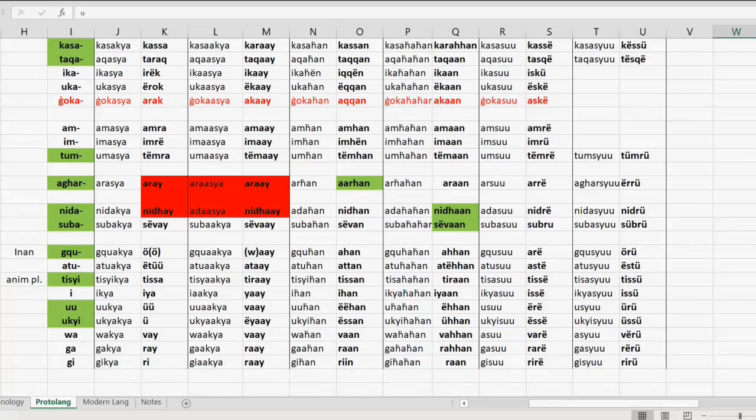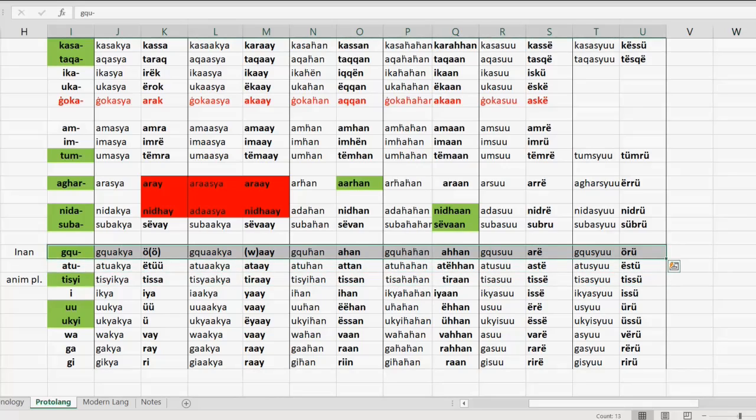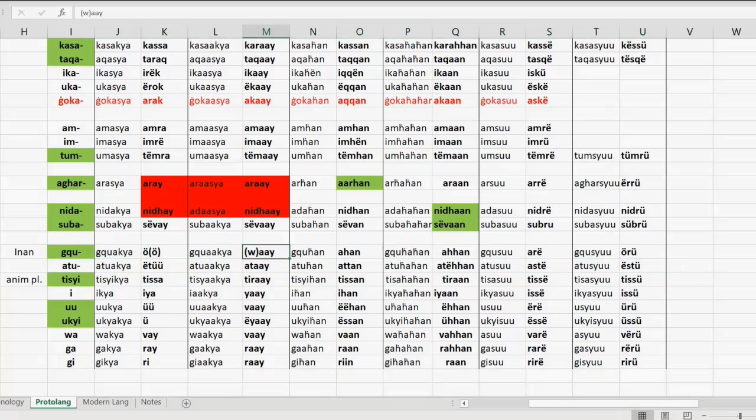So pretty much invariably, we would need something like this old glue auxiliary. Oh, wait a second. I remember here I was struggling to decide whether I wanted to keep the U or not. But if we did, it would turn into a W, and as we've already decided, W fortifies to V word initially, which means that form would be identical to this wa form that we've already settled on.